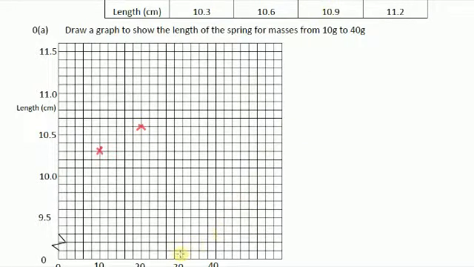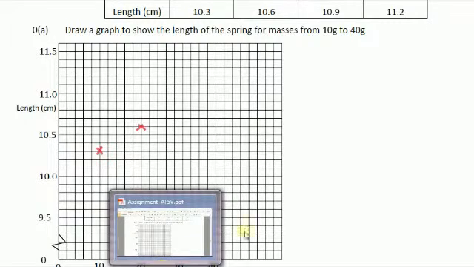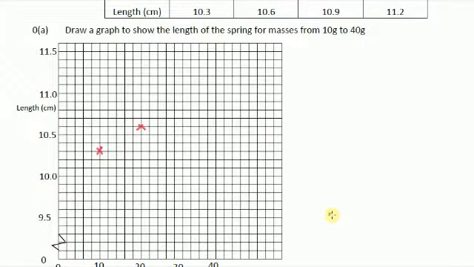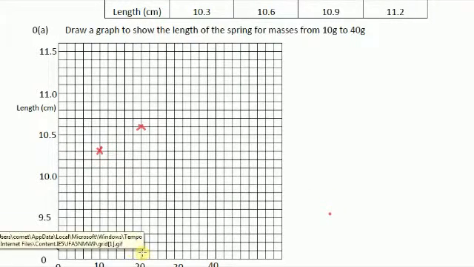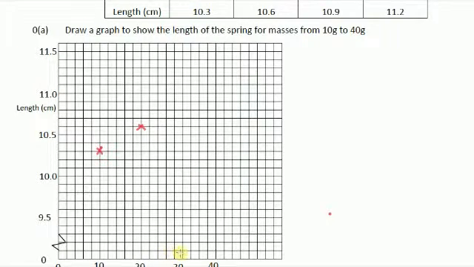And 30 grams gives a length of 10.9. So we have to count for 30. Just trying to make sure I get on the right number on the 30.